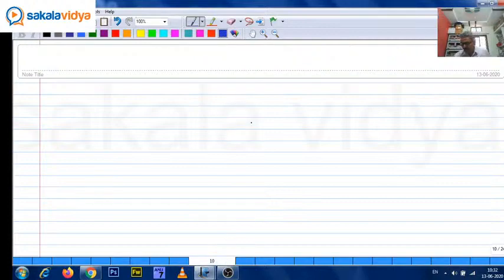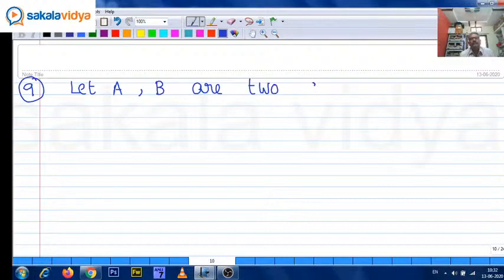Ninth question. Let A, B be two sets, each with 10 elements.